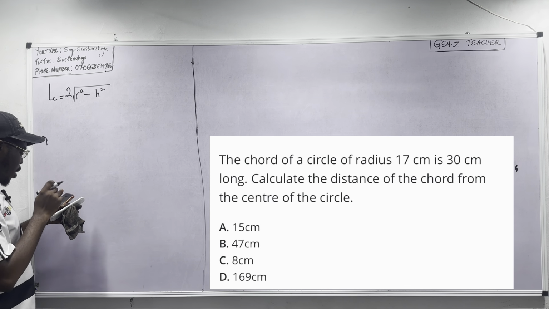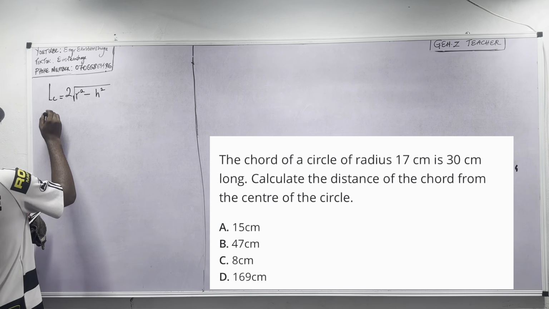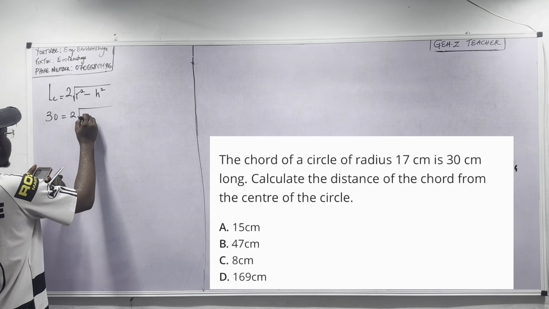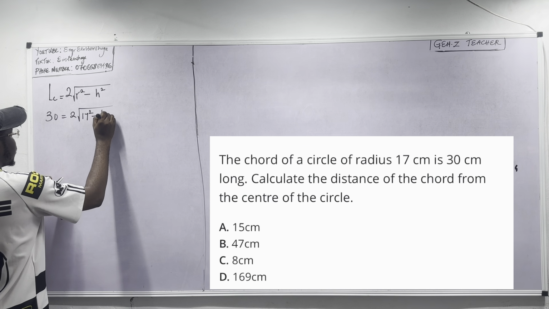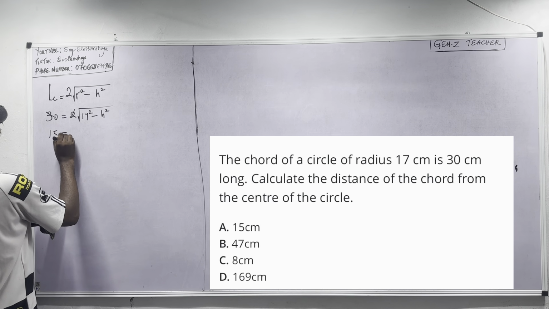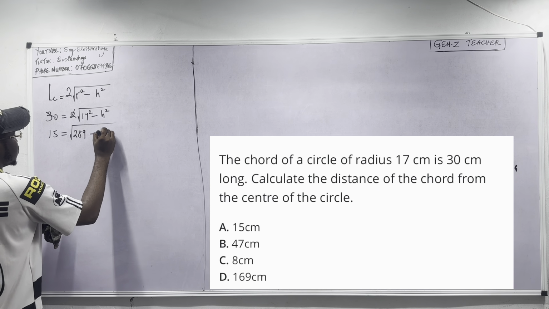So now in the question, we're given the length of the chord as 30 cm. So 30 is going to be here. 2 square root of the radius, which was given as 17, minus, we are looking for h squared. So first of all, 2 can take out 30. We have 15, okay? Equals, this becomes 289 minus h squared.